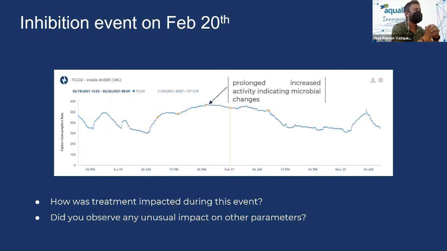Here you can see a profile of the reactor when we didn't have this regular swinging in the signal. This was mainly due to something happening before the reactor. Thanks to this real-time information, we could talk to the client.